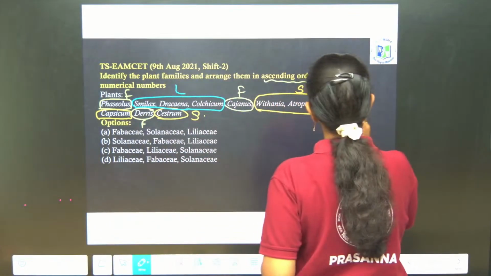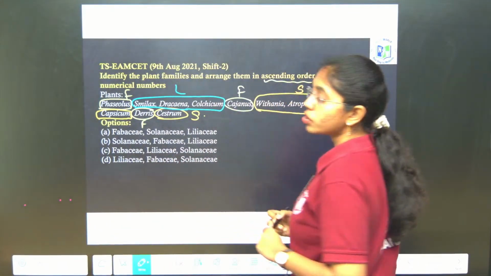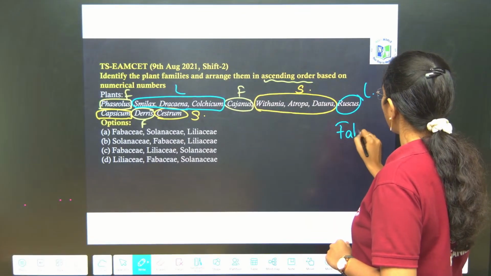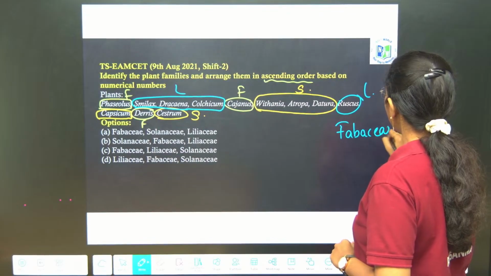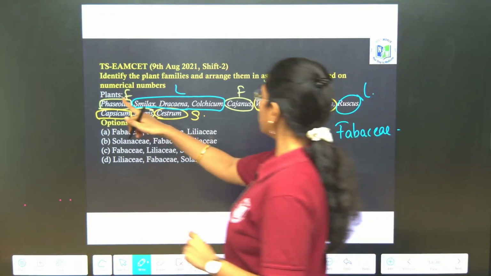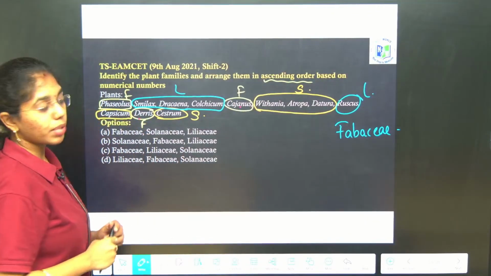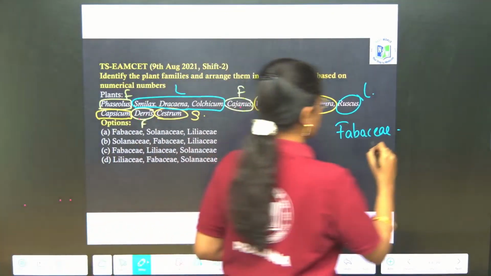Ruscus also belongs to Liliaceae. So, here if you see beta, for Fabaceae, how many are there? 1, 2, 3. 3 are the examples which are given under Fabaceae.